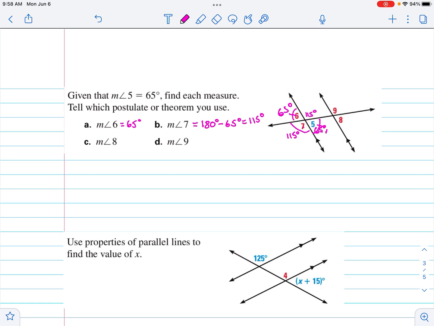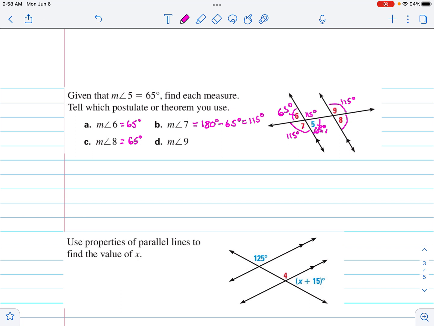Angle 8 corresponds to angle 5, right? It's below the line to the left of the transversal. So angle 8 is also going to be 65 degrees. And then angle 9 is supplementary, and it's 115.